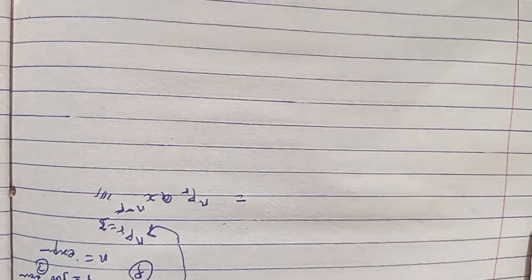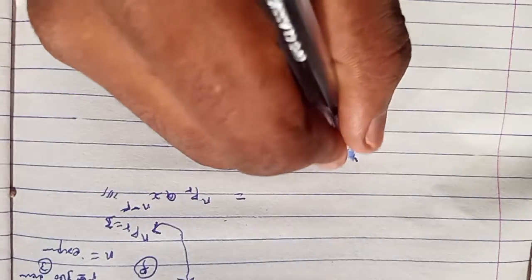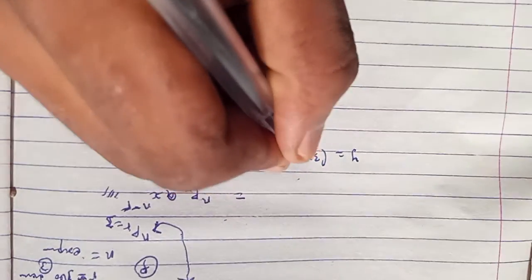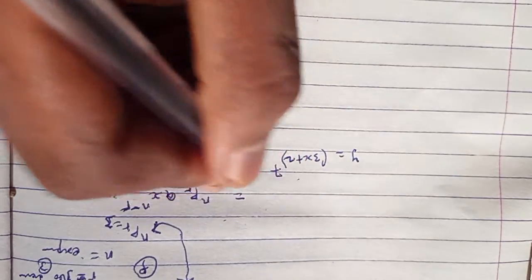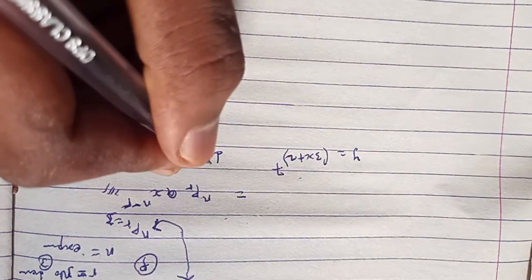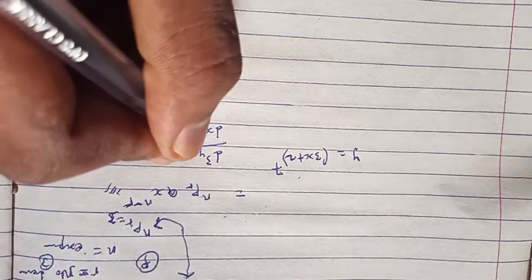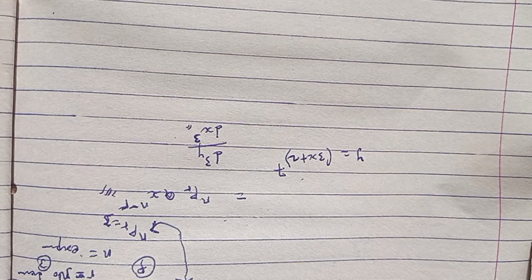So now we have that function f of x is equal to y, which is equal to (3x plus 2) all power 7. This is good, and they are saying we should find d cubed y over dx cubed.